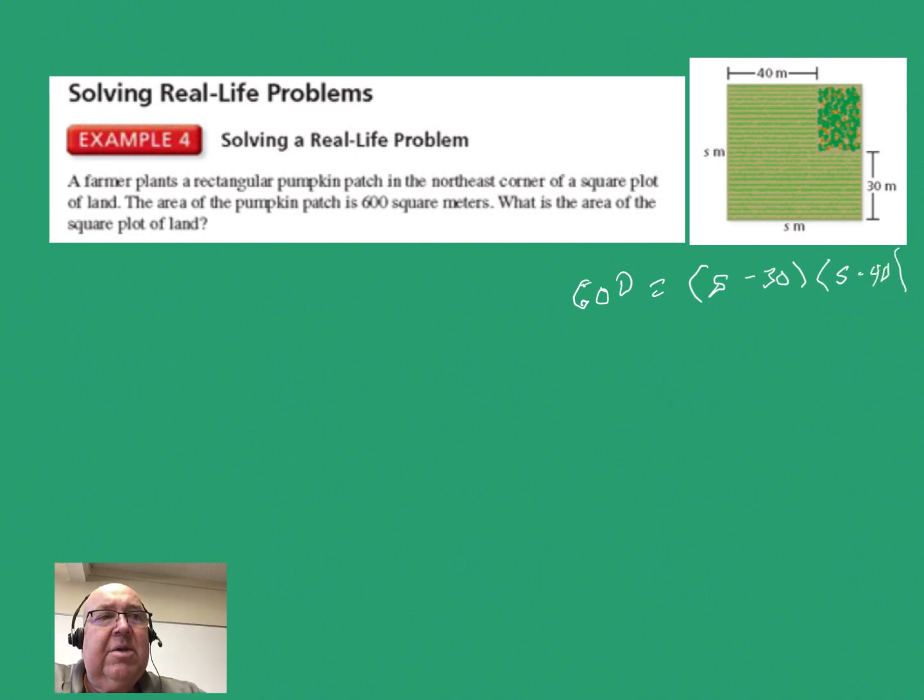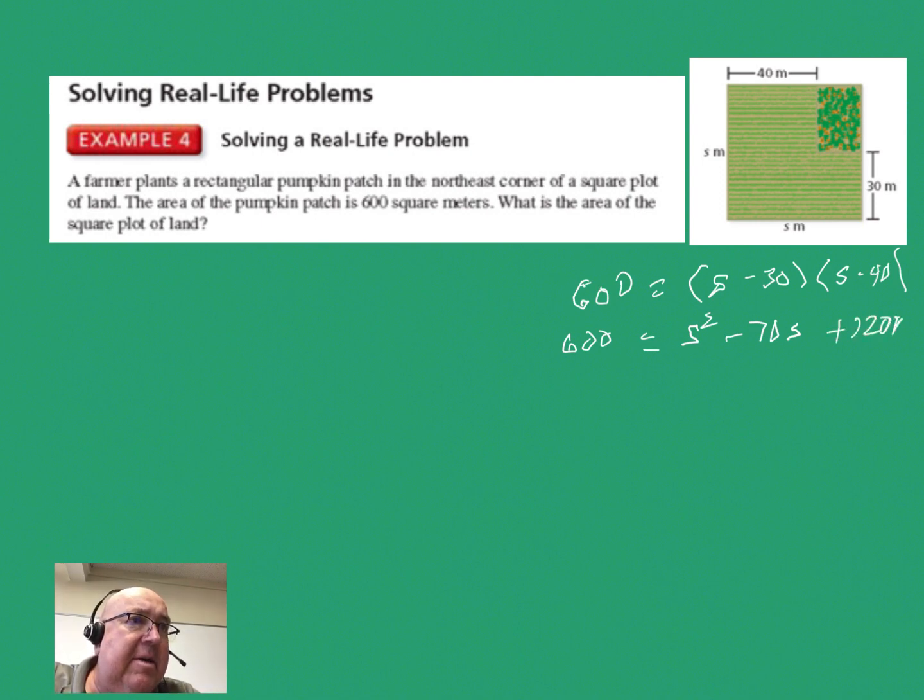We're going to multiply out the right side, and we're going to get s squared minus 70s plus 1200. We're going to set this equal to 0, so we're going to subtract 600 from both sides. We have 0 is equal to s squared minus 70s plus 600.